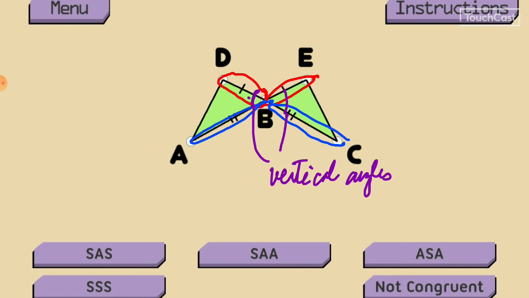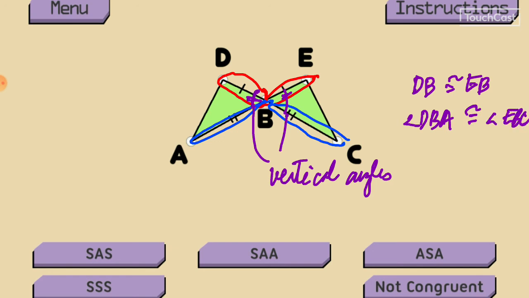So that would be side DB and EB congruent, and then an included angle DBA congruent to EBC, and then the side BA congruent to BC. So that would be side angle side, or SAS.